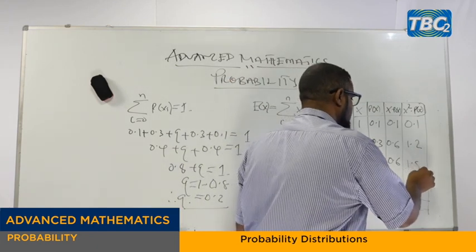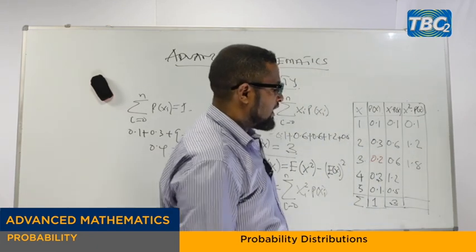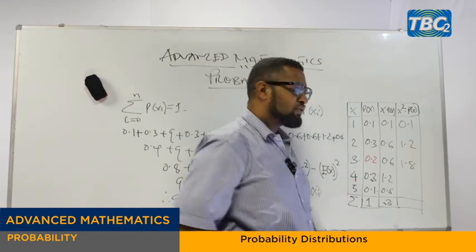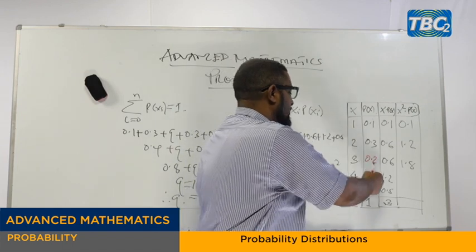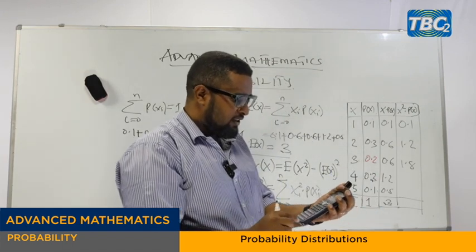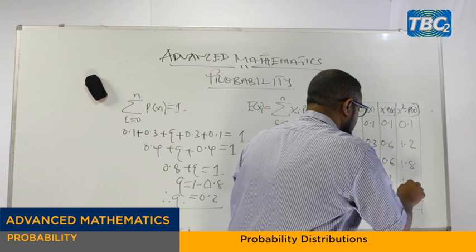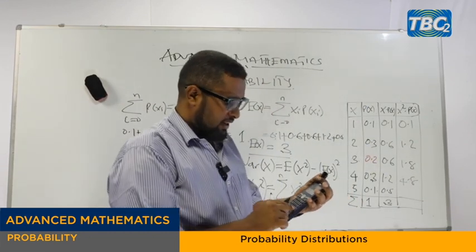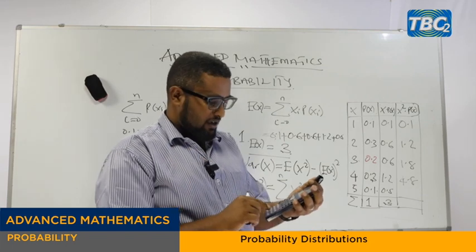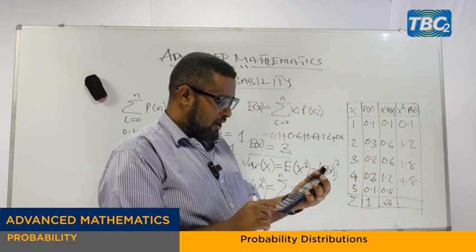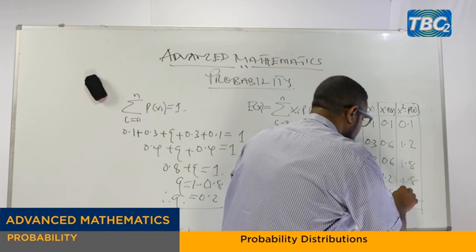So you write here 1.8. Again, when you take 4 square, you get 16. Then you multiply by its probability, which is 0.3. You get 4.8. And lastly, you take 5 square, you'll get 25 times 0.1, you'll get 2.5.